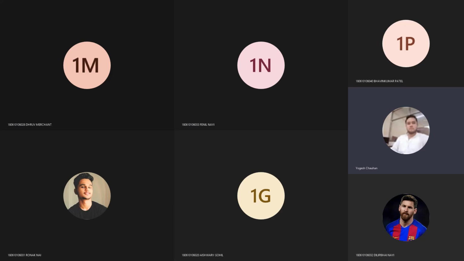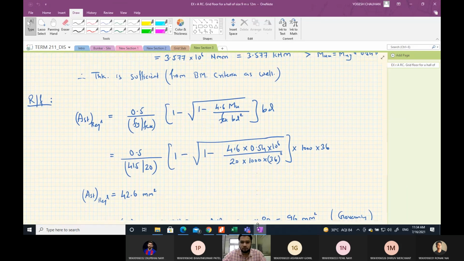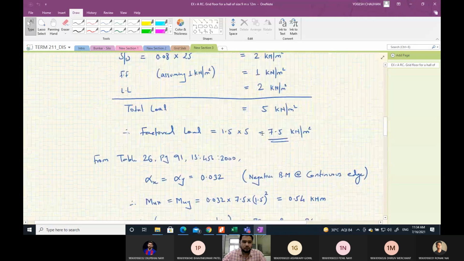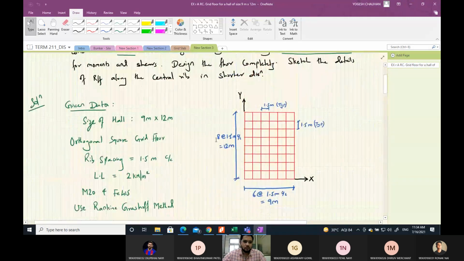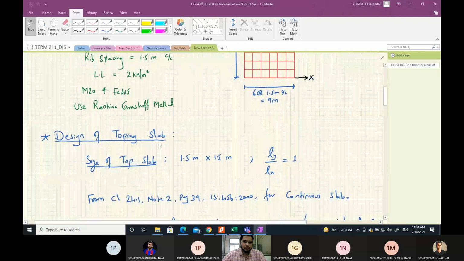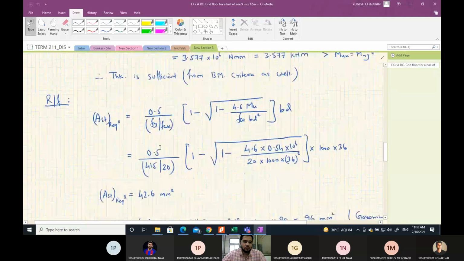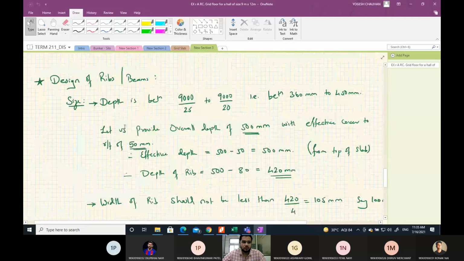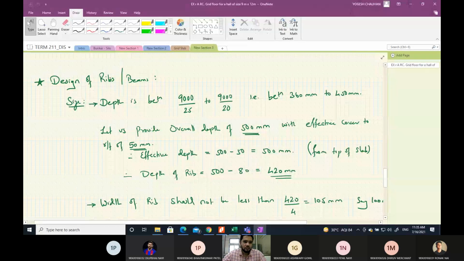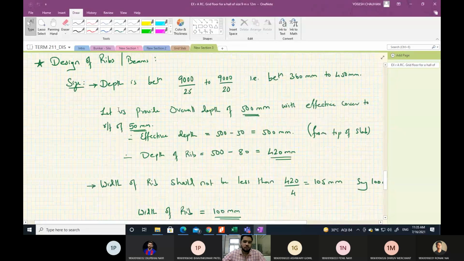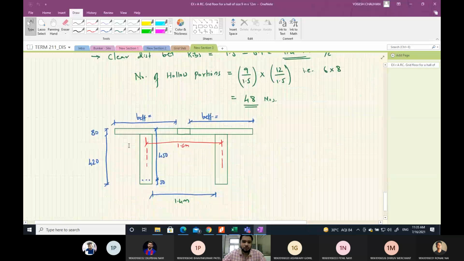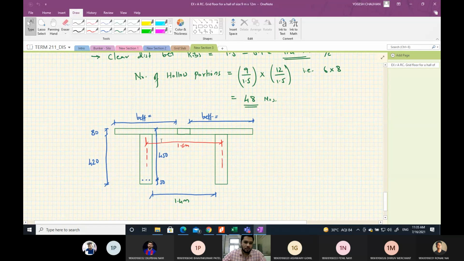This is an example of design of grid floors in which we have designed the topping slab. Then we also did the preliminary dimensioning of the ribs, and the size of the rib was 500 mm depth by 100 mm.